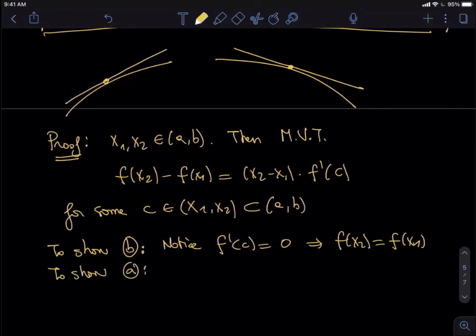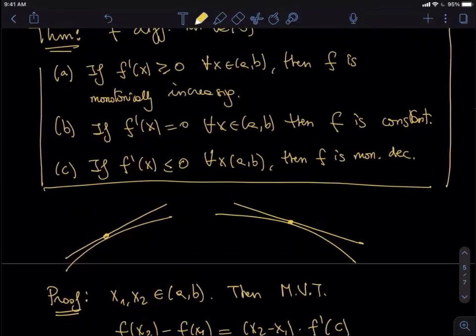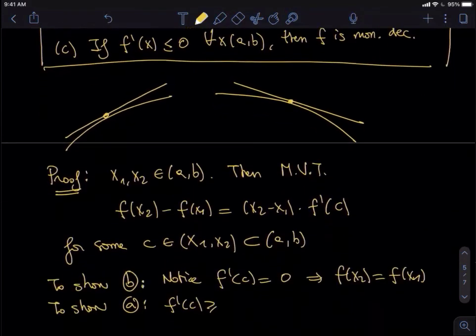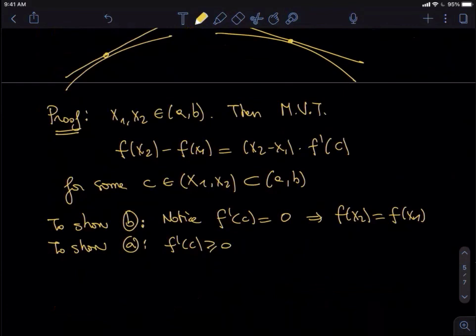But also, this shows A, because if f prime of c is non-negative, then f of x2 minus f of x1 must be non-negative. Okay, and that means that the function is increasing. Yes, there's a little thing here.